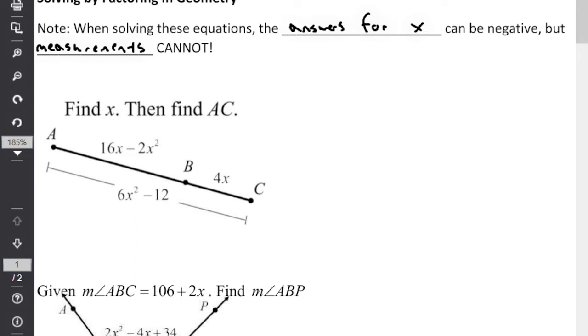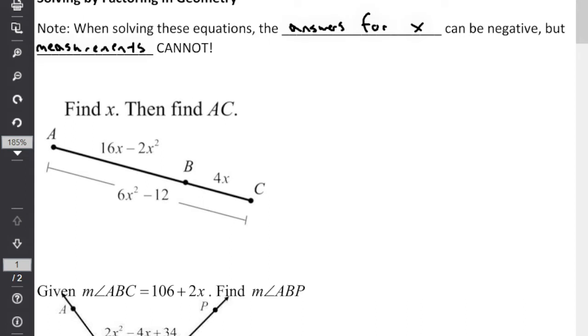We cannot have a negative measurement. We don't have negative angle measures, negative side lengths, negative distances. Those should all be positive.